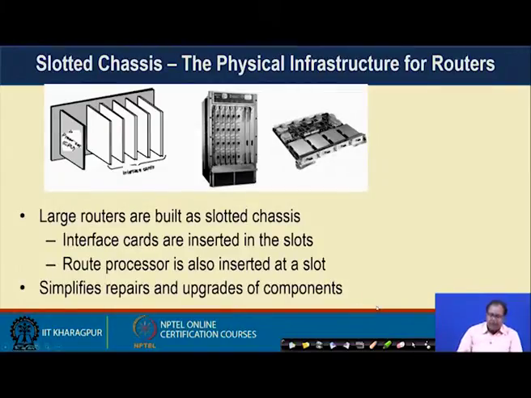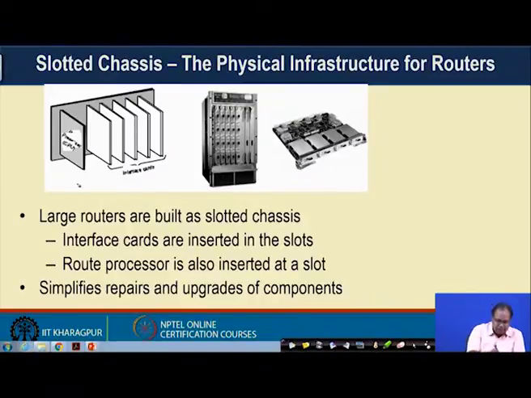Okay. Now, if you look into the physical infrastructure of a router, we normally use something called a slotted chassis. This is the structure of a slotted chassis, which is used to build up large routers. Here is the structure of a chassis.